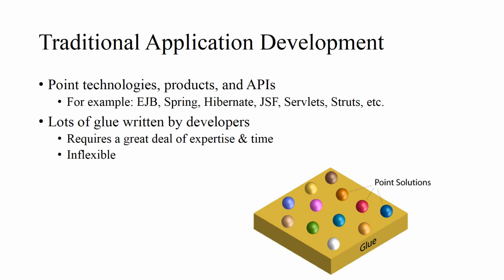The point solution was very important previously: whenever a problem came, the solution provider gave a solution for that particular problem, and whenever a new problem was raised, they developed another solution. So there is a lot of glue where many points are attached by the developer.